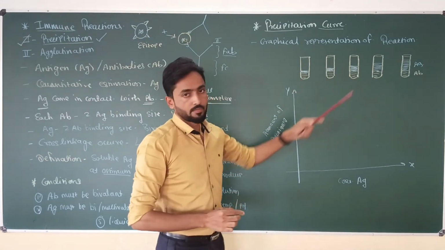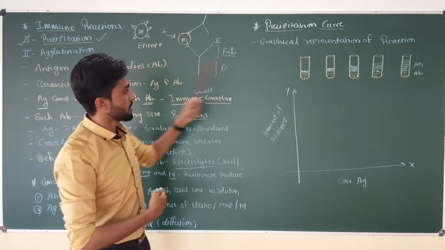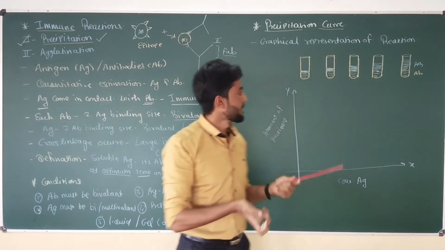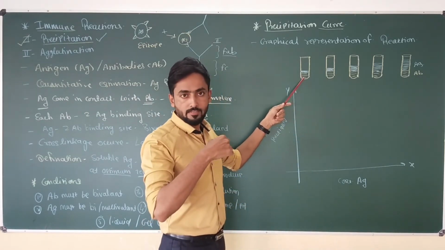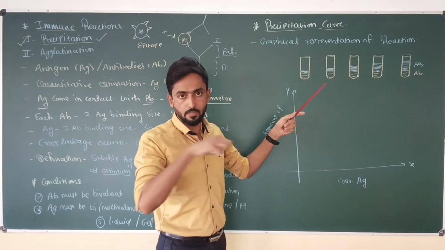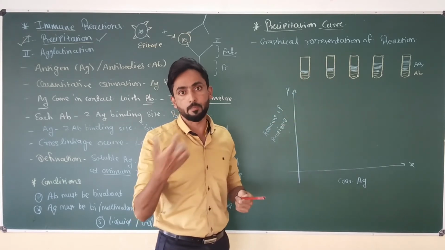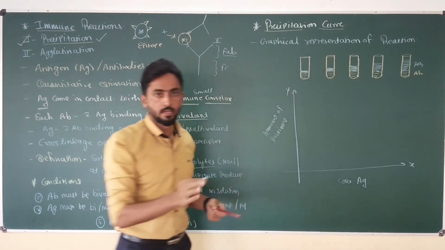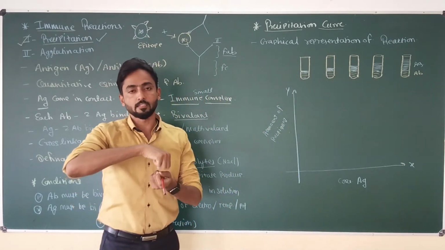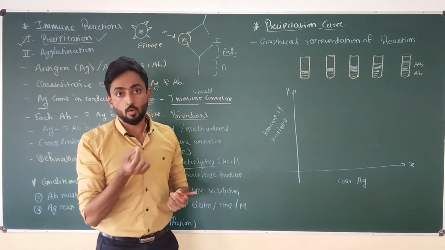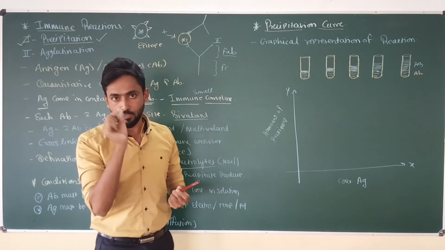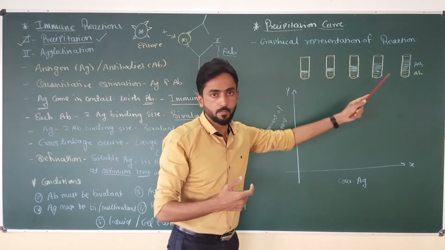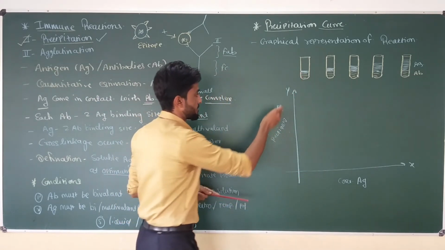And in this tube, the precipitation reaction is going to occur. A lattice is produced, a precipitation complex is produced, and now you can sediment out or precipitate out the complex with the help of the centrifugation process. Now you have to do the centrifugation of all these tubes, and finally by discarding the supernatant you can measure the quantity of precipitate. Okay, and that quantity which is produced in all the tubes is taken on the y-axis.